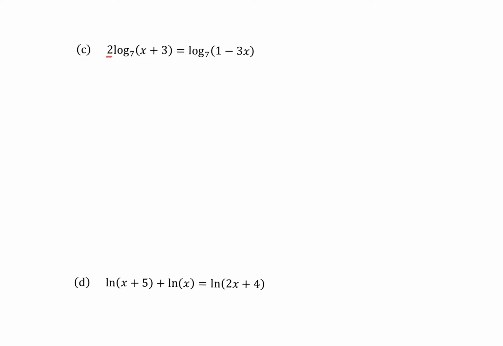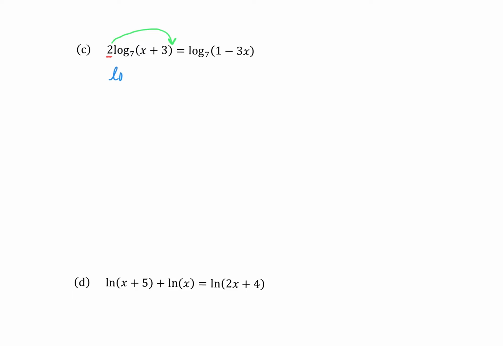So instead, I'm going to use property 7. Normally, when we use property 7, we're taking an exponent and bringing it in front of the log. But now I'm going to take that 2 in front of the log, and bring it up to be the exponent on the x plus 3.